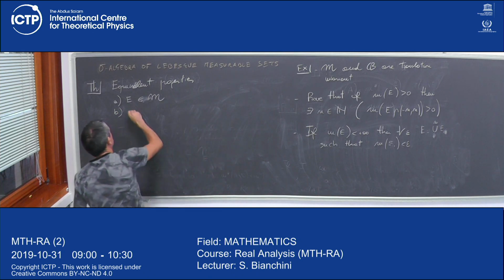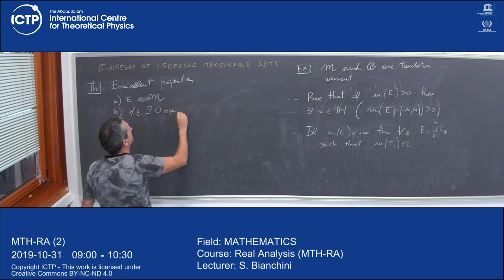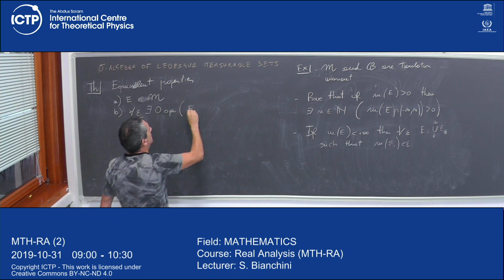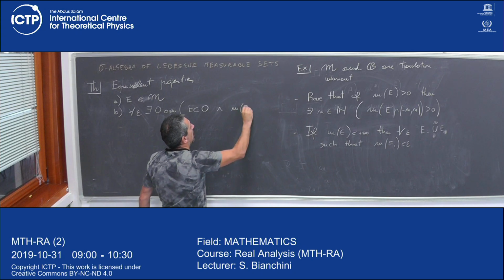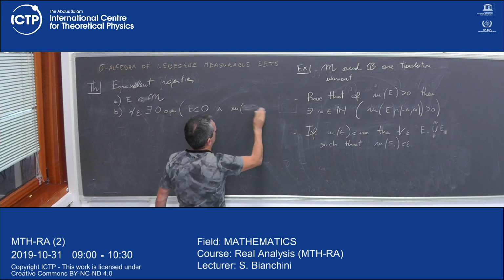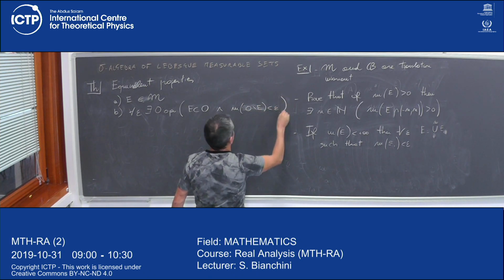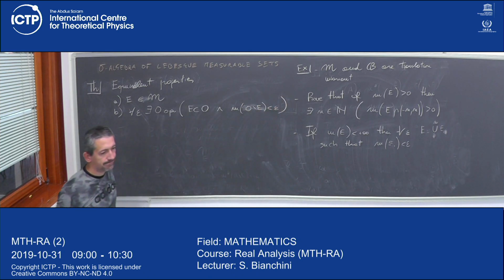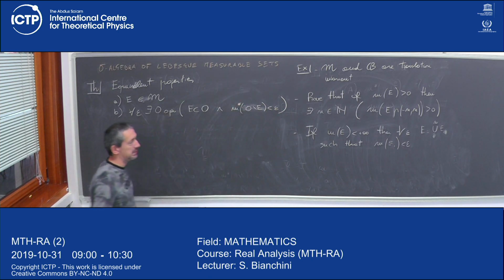For all epsilon, there exists an open set O such that E is contained in the open set, and the measure of the open set minus E is less than epsilon. Here I have to use M star because I don't know if it is measurable.